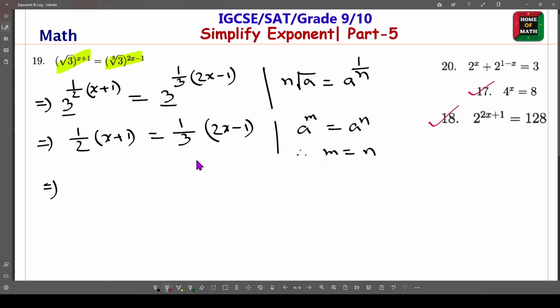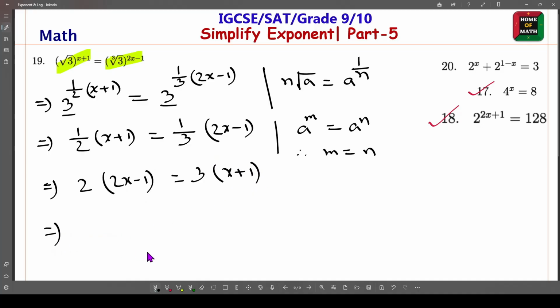Now we can cross multiply. So 3 times x plus 1 and 2 times 2x minus 1. Or better, we can write it like this: 2 times 2x minus 1, and here is 3 times x plus 1.